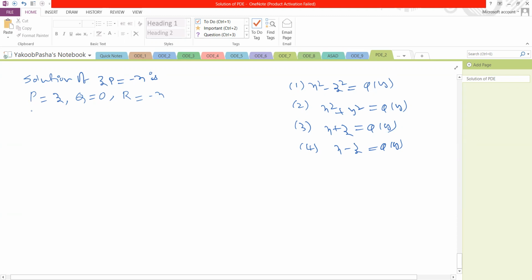So the subsidiary equations are dx/z = dy/0 = dz/(−x). First consider dx/z = dy/0, that is dy = 0, so y = c1, an arbitrary constant.